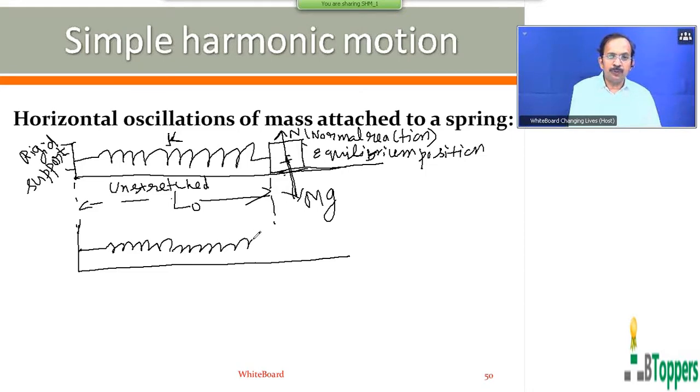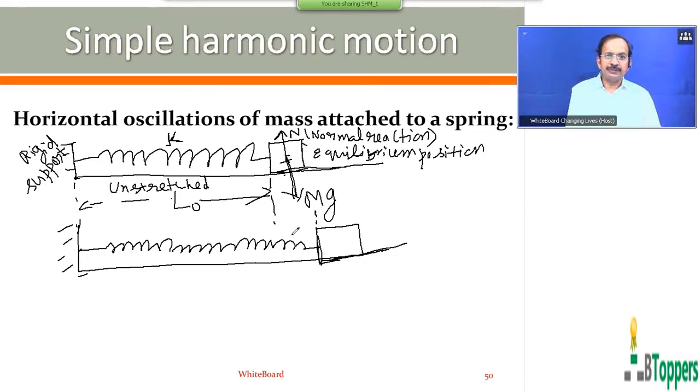Now let us suppose the block is pulled towards the right through some distance from this equilibrium position and released. I am considering the situation just after it is released, and the subsequent motion of the block under the action of the elastic force by the spring.